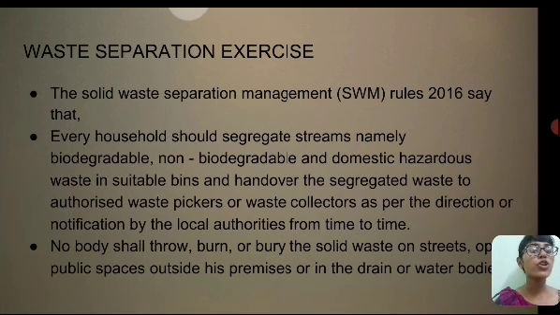And no person shall burn or bury solid waste on streets, in public places, outside premises, or in drains or water bodies.